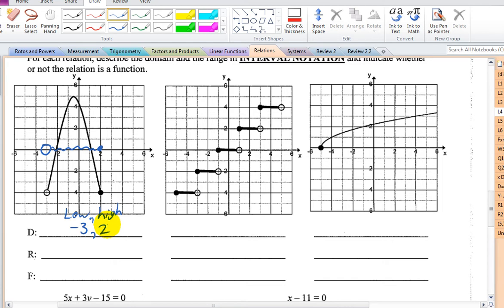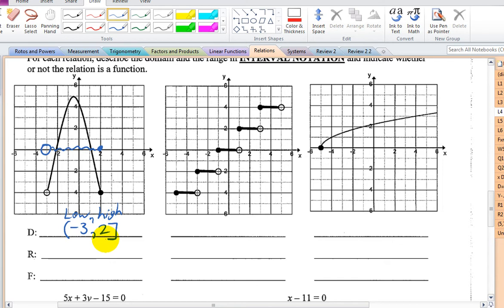Okay, now the brackets. What should we do for the -3? It's an open circle, which means we're excluding it. So for -3, we should have a rounded bracket. What about for the 2? Are we touching the 2 or are we excluding it? Good. So touching it means it's got to be a square bracket.